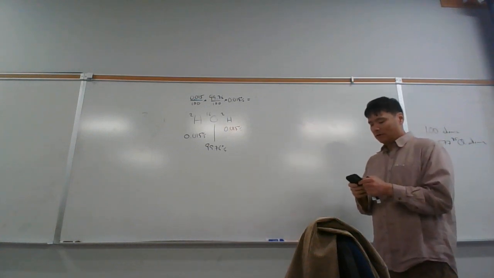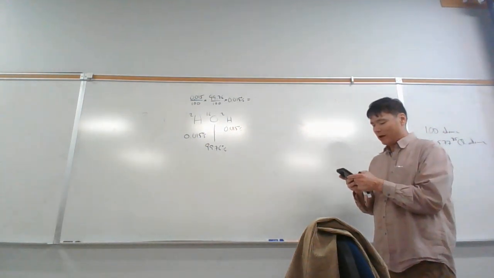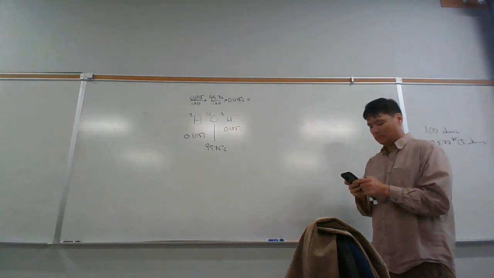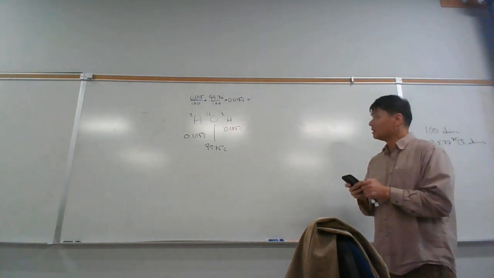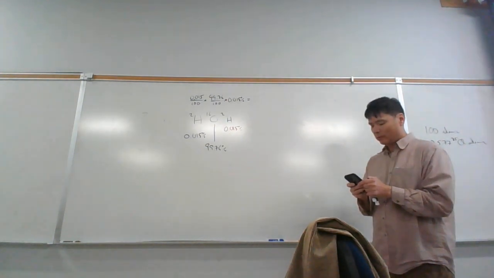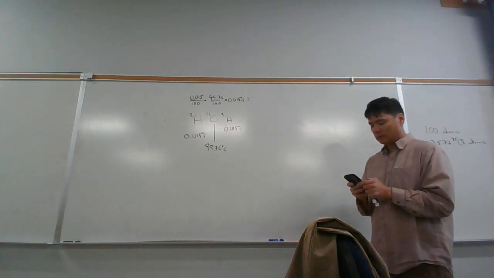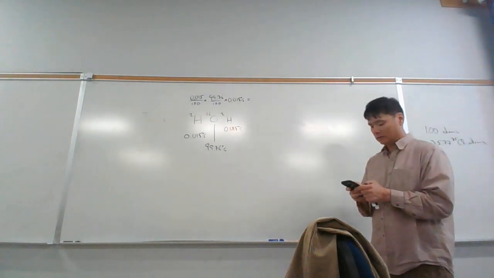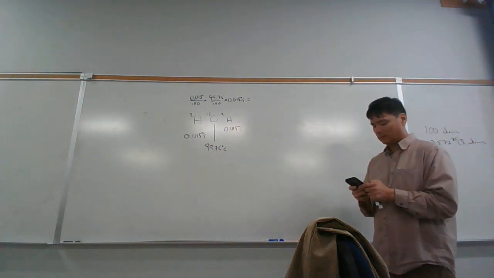And so if we convert 2 out of the 3, what we're going to get is 0.015 times 99.76 times 0.015 divided by 100. Oops.